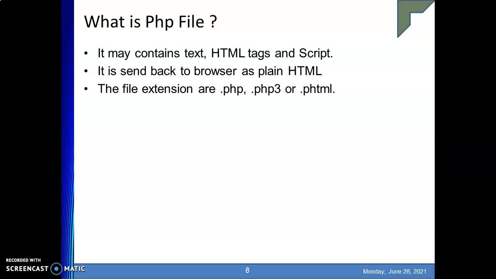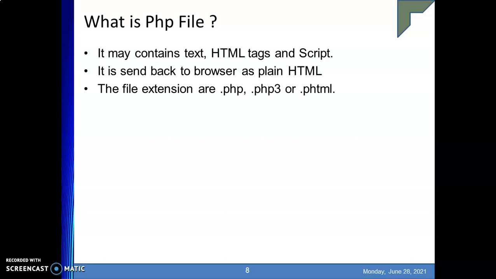So what is a PHP file? Typically, if you have worked in C programming or HTML, we see that there is an extension. C has the extension .c, C++ has .cpp, HTML has .html or .htm. Like that, PHP also has the extension .php, .php3 or .phtml.